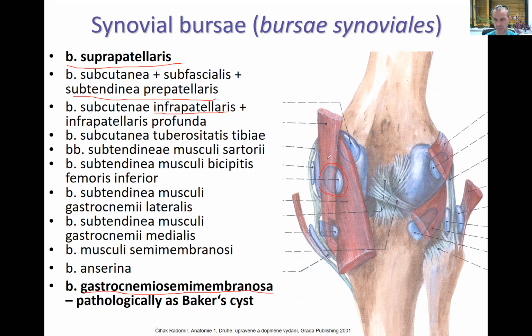And this bursa can be pathologically enlarged and palpable dorsally in the popliteal fossa, and then it's called Baker's cyst. But all of the bursae can get inflamed, enlarged, and then they are either palpable or they can be examined by ultrasound.